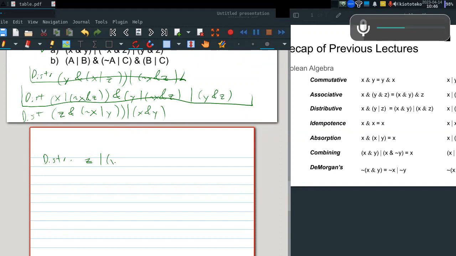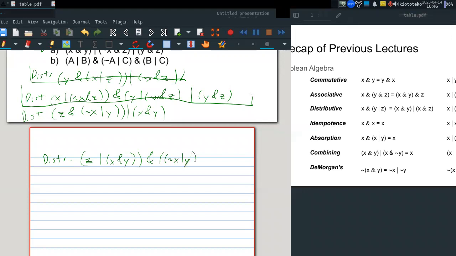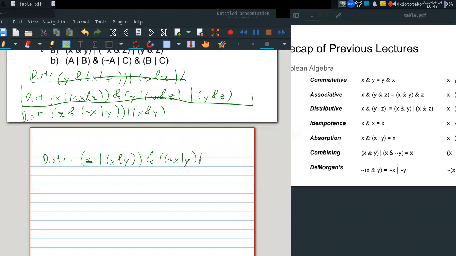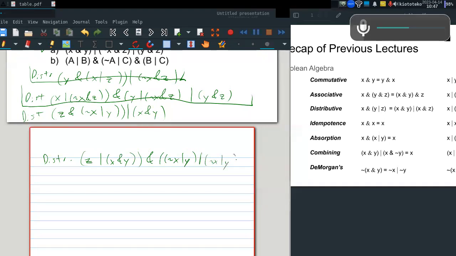If you treat X and Y as A, X and Y, and not X or Y. No, wait. X and X or not X and Y, no?